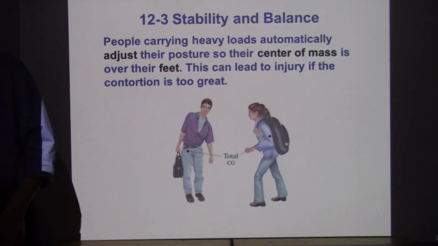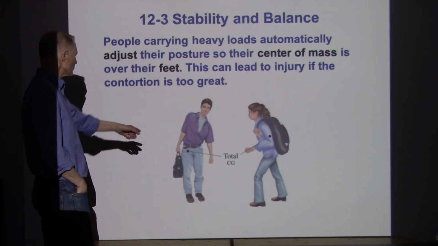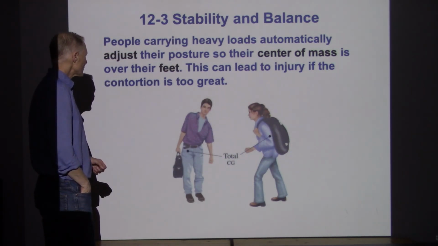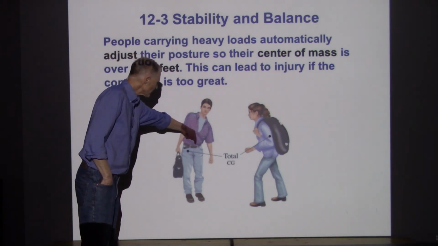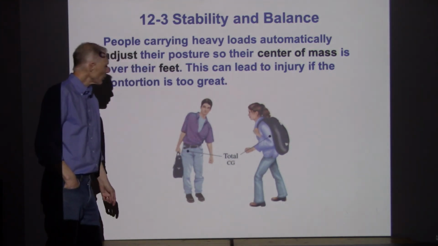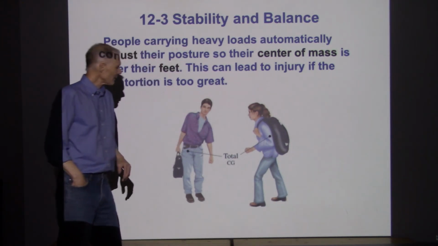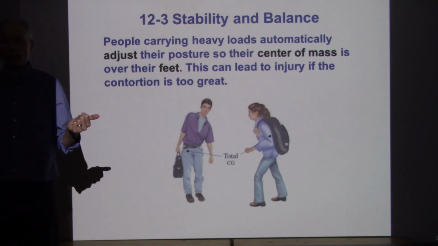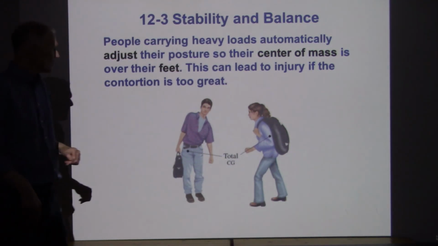Here's another good example. This is the ergonomic argument for backpacks versus carrying bags around. If you're carrying a heavy bag, then the center of gravity shifts over to one side, and as a result, you end up leaning your body to compensate for that effect. So you have to lean over to bring the center of gravity back over where your feet are located.